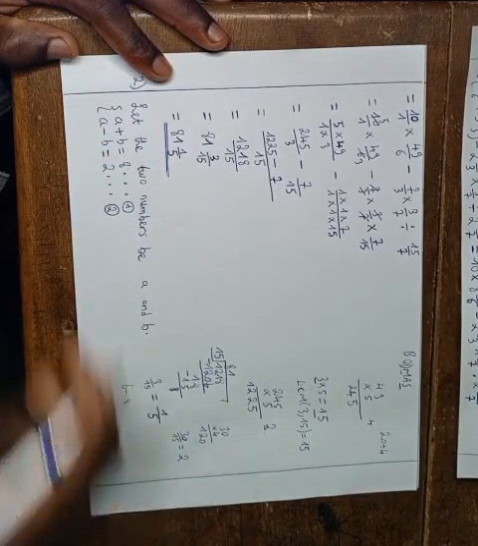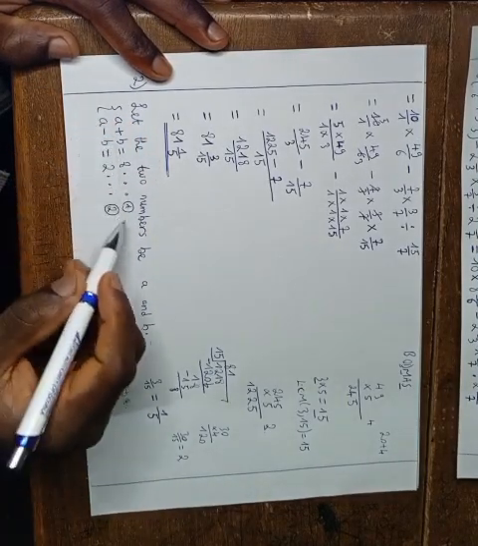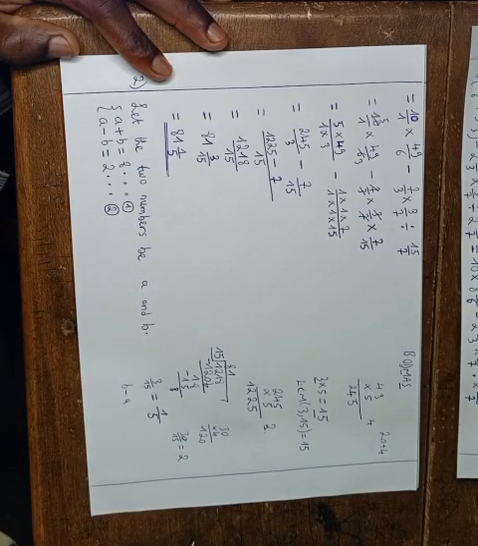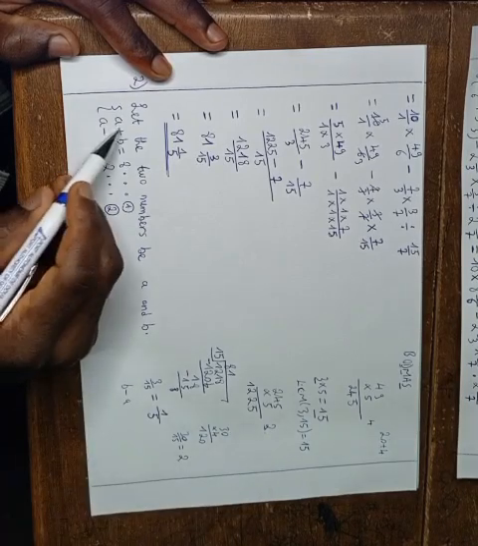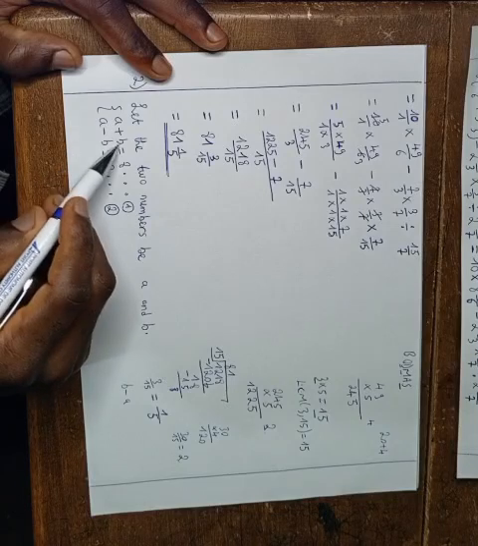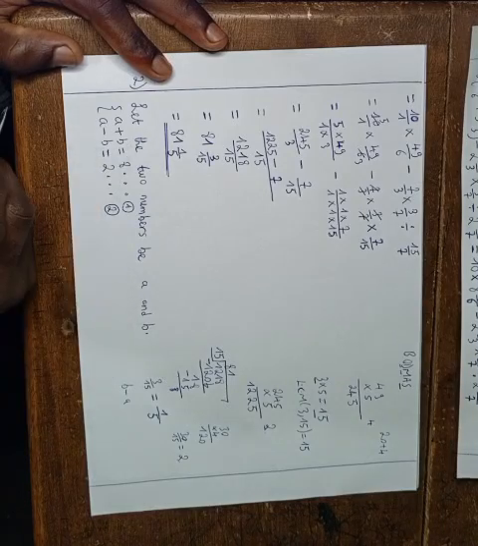Next, this pair of equations we have here, we call them simultaneous linear equations. They are linear because you can see the highest power of the variable A is 1. The highest power of the variable B is 1.